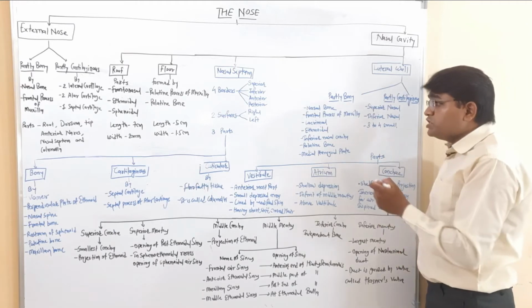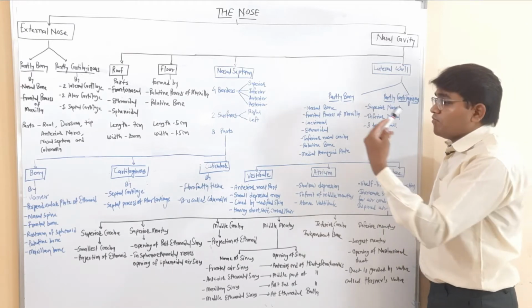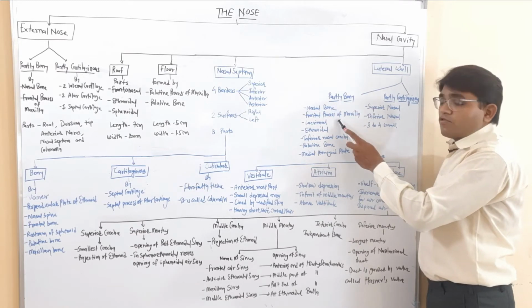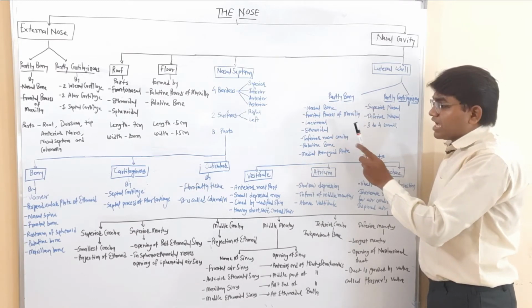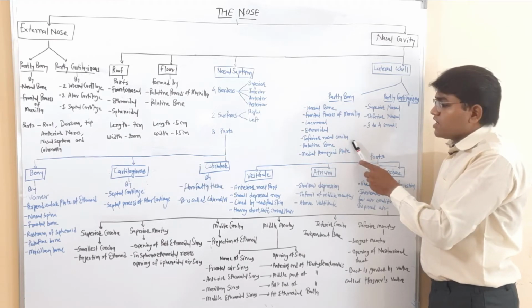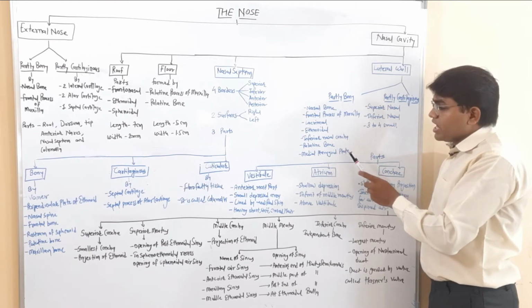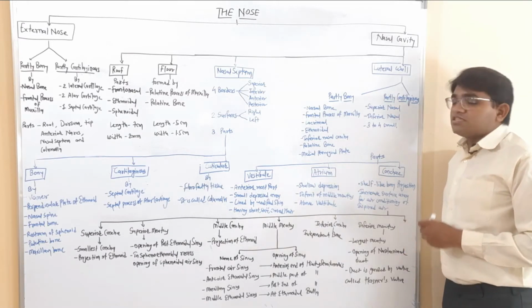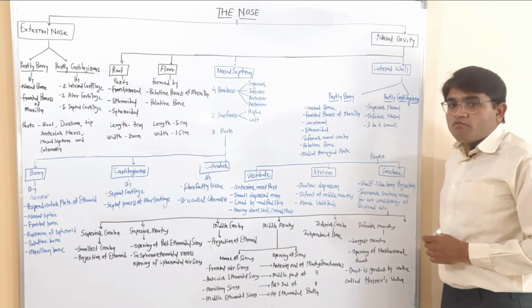Which bones participate from forward to backward? The nasal bone, frontal process of the maxilla bone, lacrimal bone, ethmoid bone, inferior nasal concha, palatine bone and the medial pterygoid plate. All these bones participate in the formation of the lateral wall.